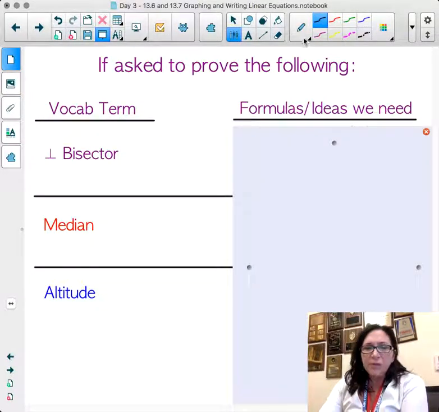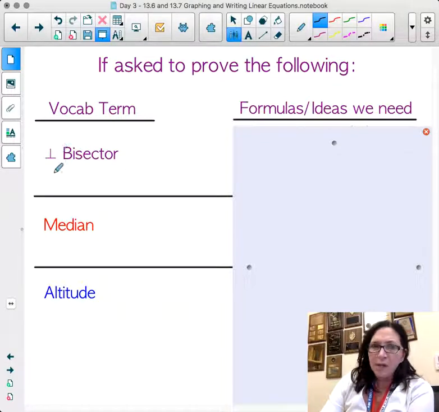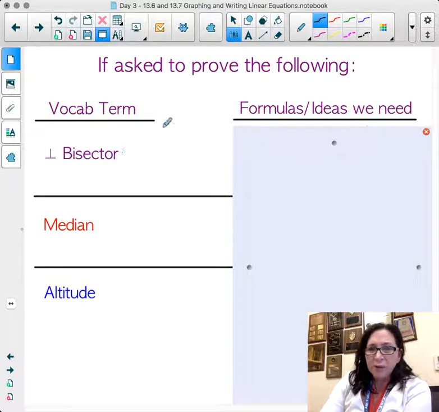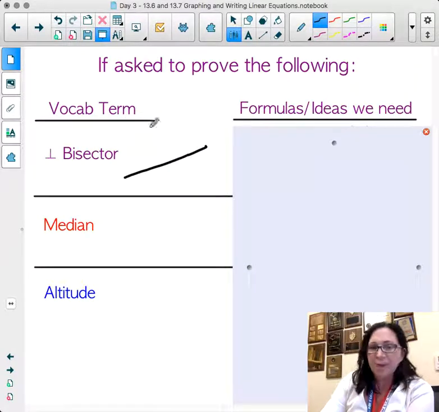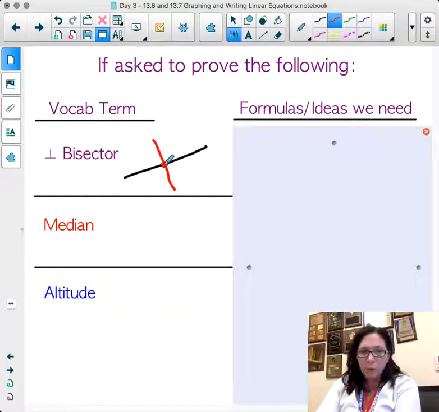So this is just a couple of coordinate geometry questions that we have started. If you're trying to find the perpendicular bisector of something, basically how do I bisect this segment? To find the bisector of this segment, first you would need to find the midpoint, which we would use the midpoint formula.